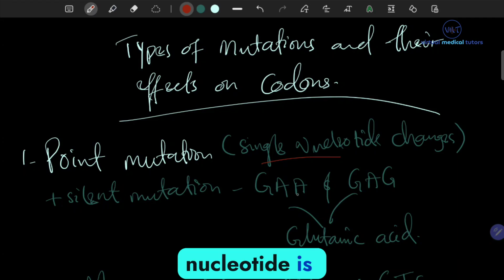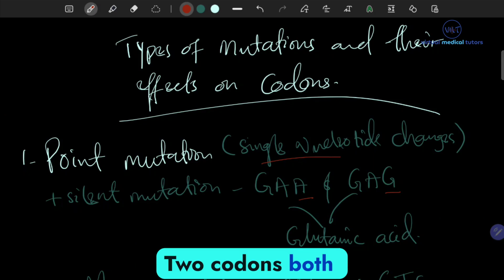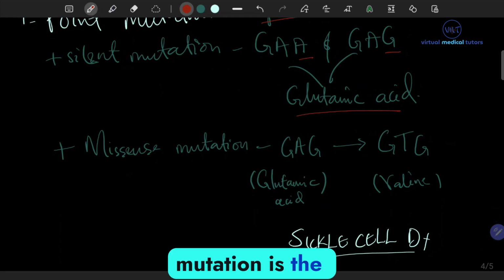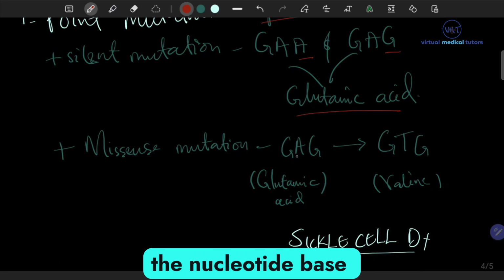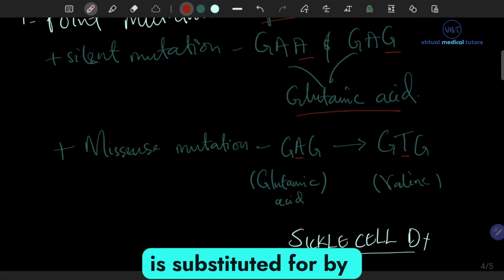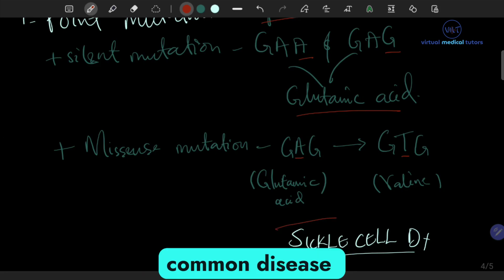Here, a single nucleotide is changed or substituted, but it does not have an effect as the two codons both code for the same amino acid. Another point mutation is the missense mutation. Here, the change in the nucleotide base does have an effect, where glutamic acid is substituted by valine, and this leads to a common disease called sickle cell disease.